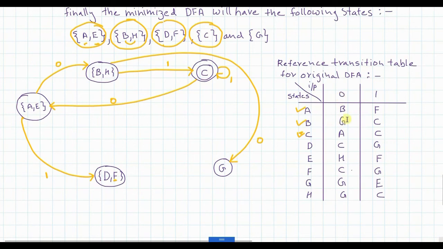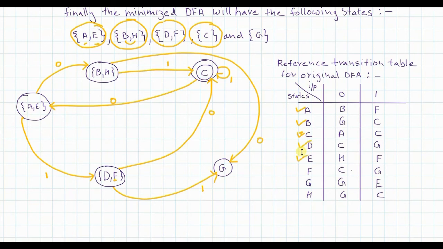Then D on 0 goes to C. So from D, or from DF, on 0 it will go to C. Now D on 1 goes to G. So D or DF on 1 goes to G. Correct? So we have seen this.